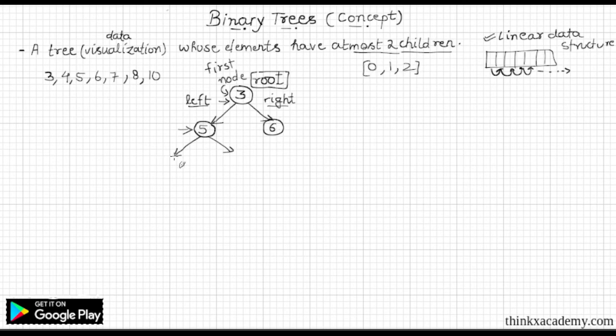Let's suppose 5 has 2 children, which are 7 and 8. 4 is remaining, so let's suppose I add 4 here. I am randomly adding these nodes as the children of these particular nodes, just using the left pointer and the right pointer. In this way I am constructing a binary tree.